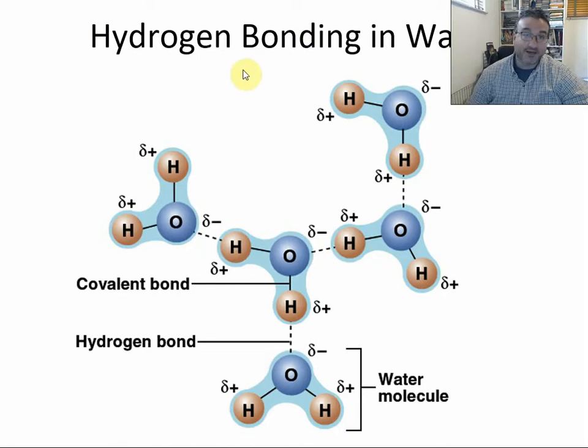In this diagram, we can see hydrogen bonding between water molecules. Here we see one water molecule, and within that molecule there are covalent bonds holding these guys together. But they're polar covalent bonds, and hydrogen has a slight positive charge, and oxygen in an adjacent molecule of water has a slight negative charge.